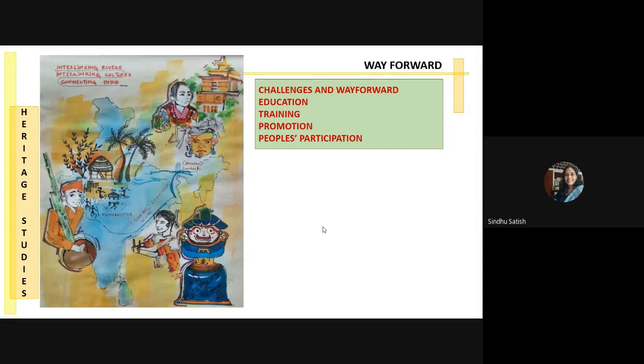But we were shocked to see this, because her line of thinking was interlinking rivers. By interlinking rivers, you are connecting the cultures. When the cultures are connected, you are trying to unite India, the people of India.